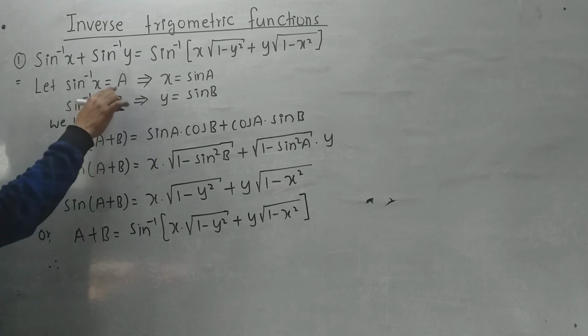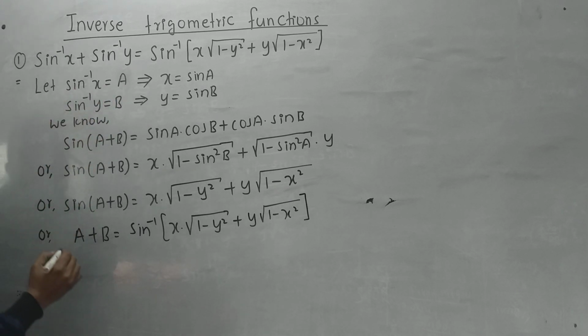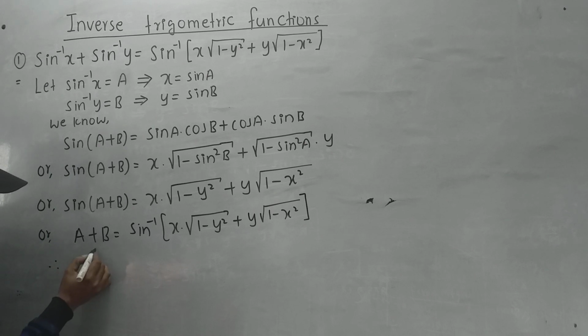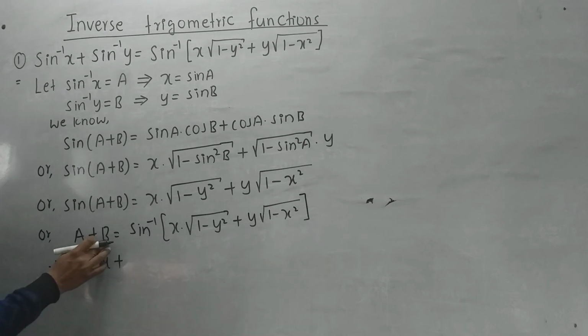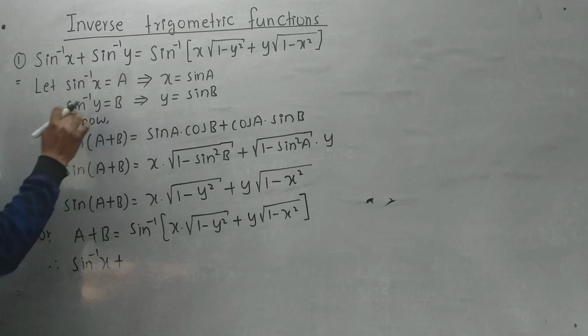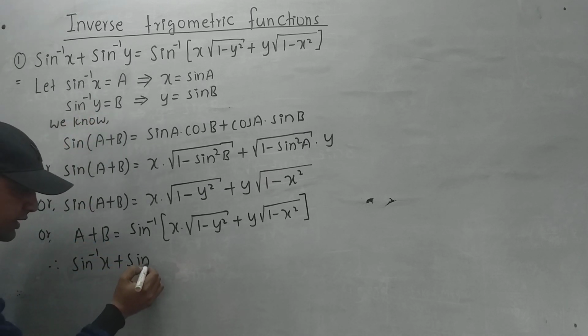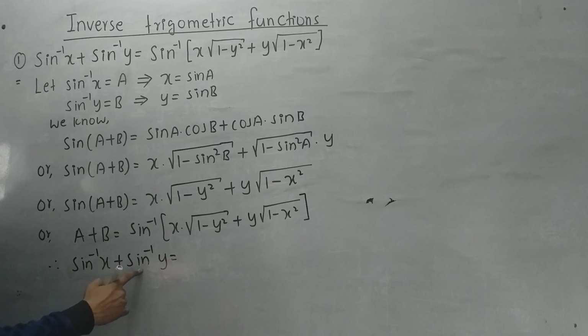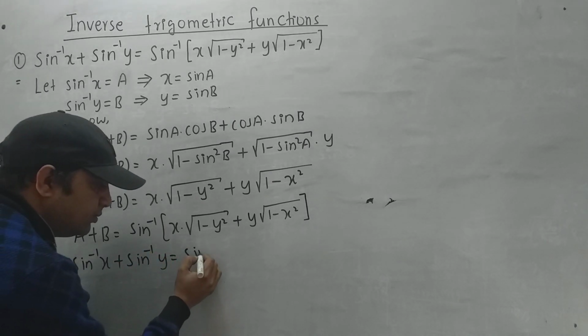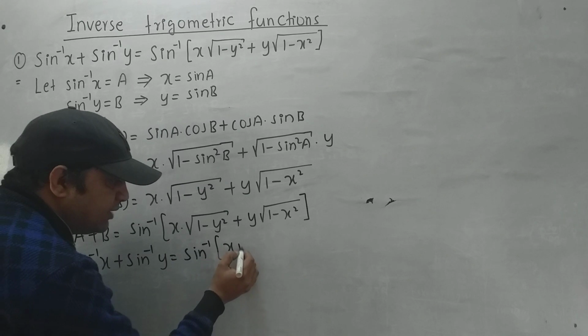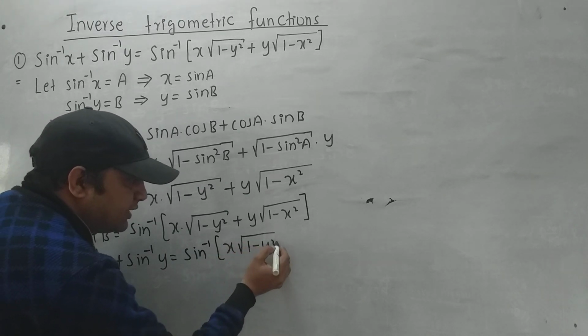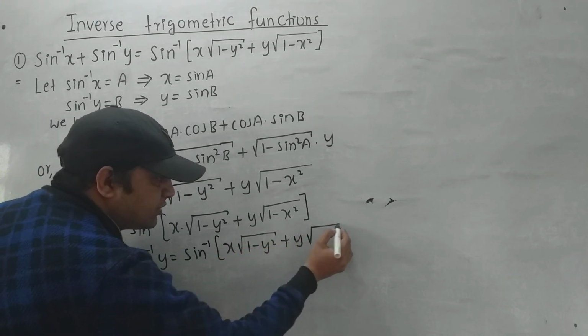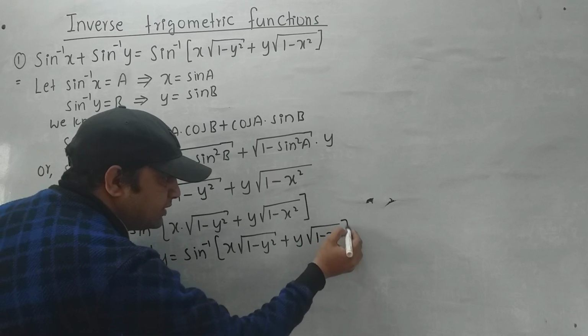For A you can write sine inverse x, so replace it by sine inverse x, plus for B you replace it by sine inverse y. So sine inverse x plus sine inverse y equals sine inverse of x times under root of 1 minus y square plus y times under root of 1 minus x square.